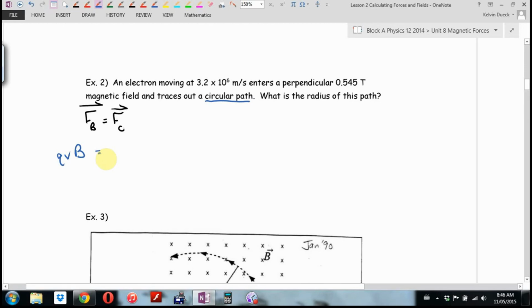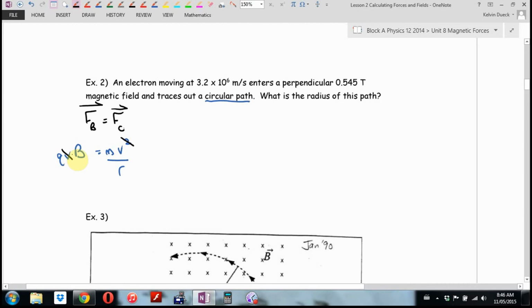And since they gave me a speed, it's going to be mass times the acceleration with the speed in it. Oh, and one of those v's will cancel because there's a v on top on the left and there's a v squared on top on the right. They're both on the top.